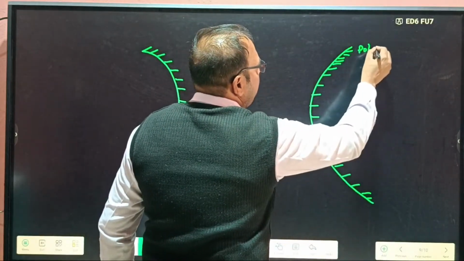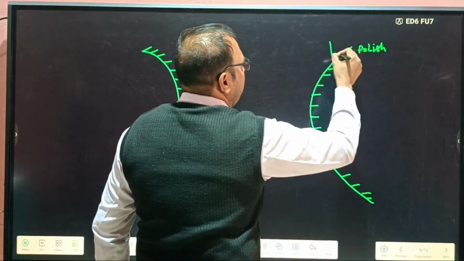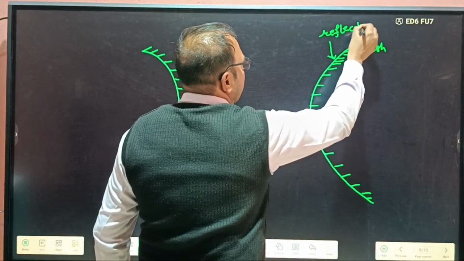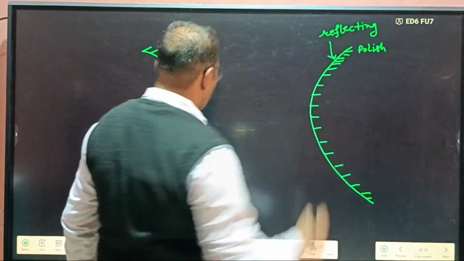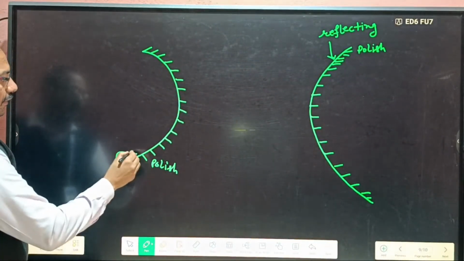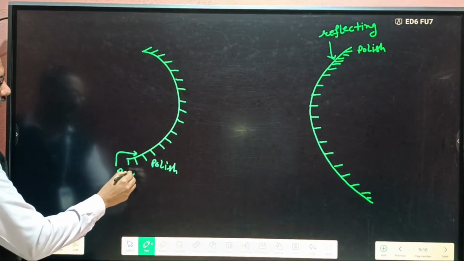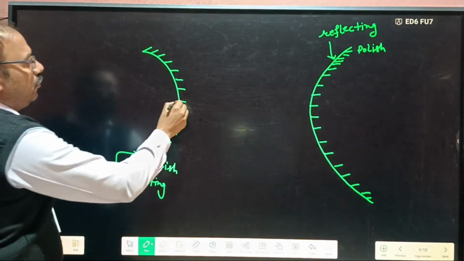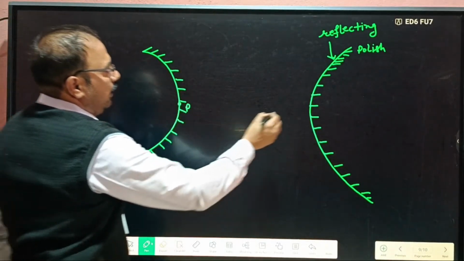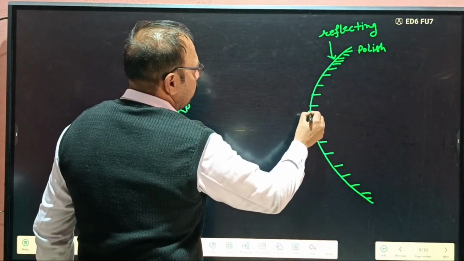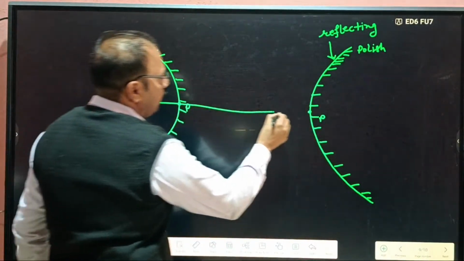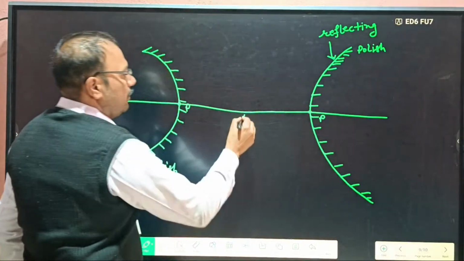This is polished and this is reflecting. This is the pole and this is the pole. The line passing through the poles is known as the principal axis.